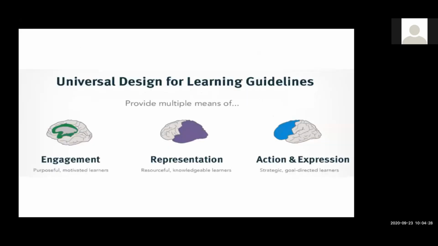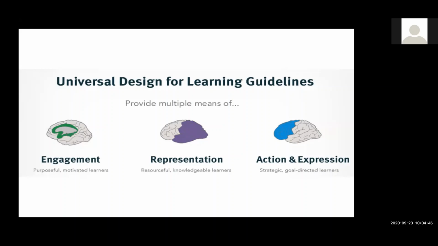So the universal design for learning concept is divided into guidelines. These guidelines are that you provide multiple means of engagement, multiple means of representation, and multiple means of action and expression.